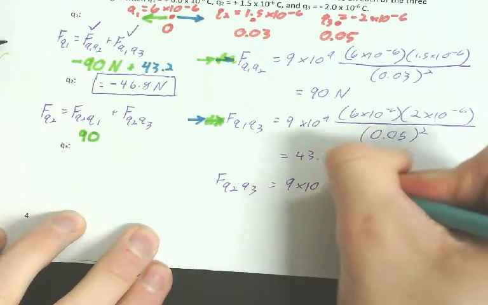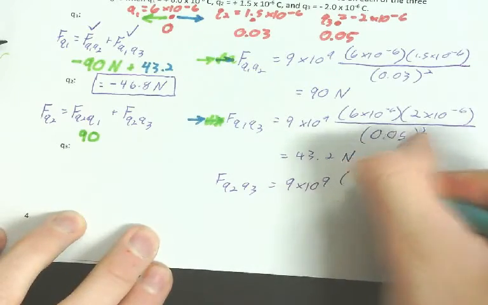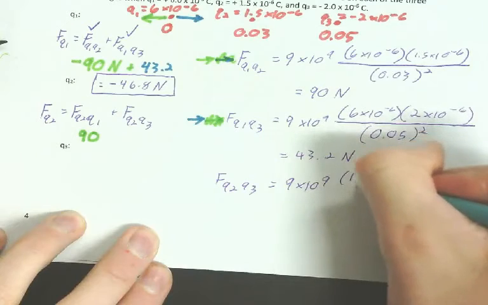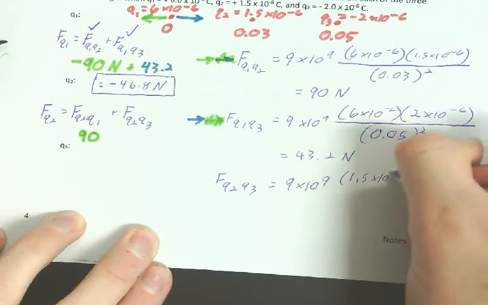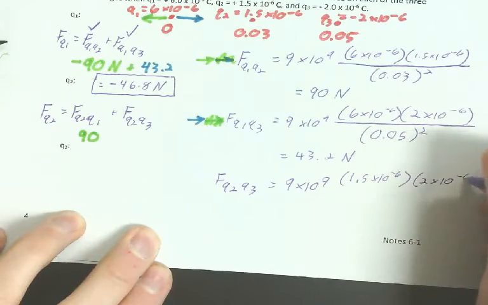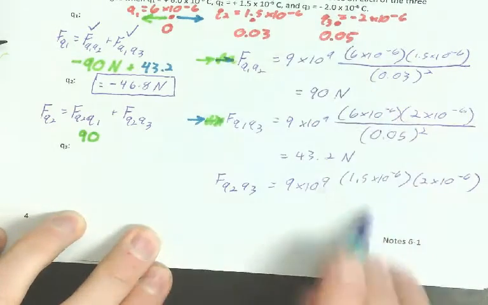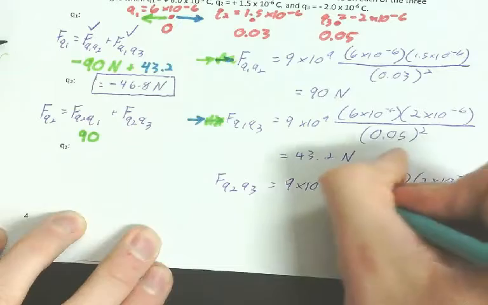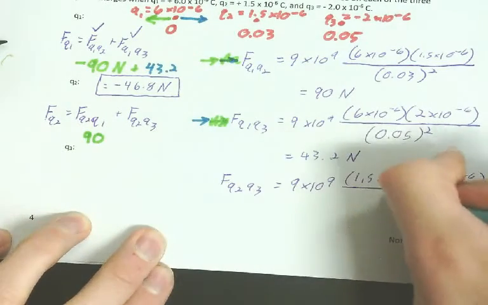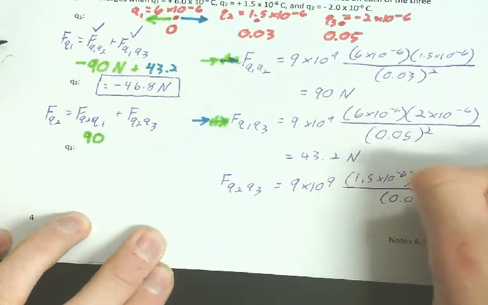9 times 10 to the 9th. Q2 has a value of 1.5 times 10 to the negative 6. Q3 has a value of 2 times 10 to the negative 6. Again, it's negative 2, but I don't plug the negative into the equation. How far apart are they? To go from 0.03 to 0.05 is 0.02.